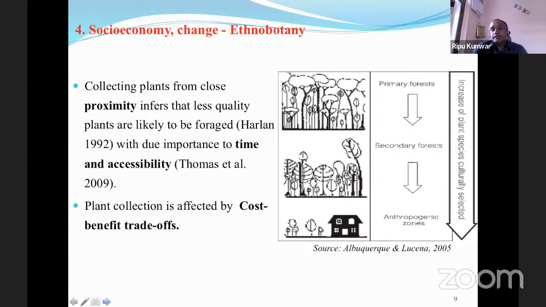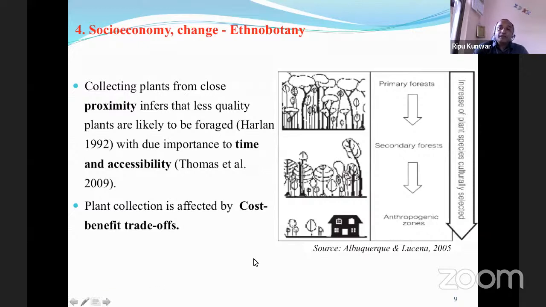You can see in the graph on the right side that plant collection increases as the site proximates. What this means is that most of the anthropogenic or nearby sites are more forest than the distant and primary forest.